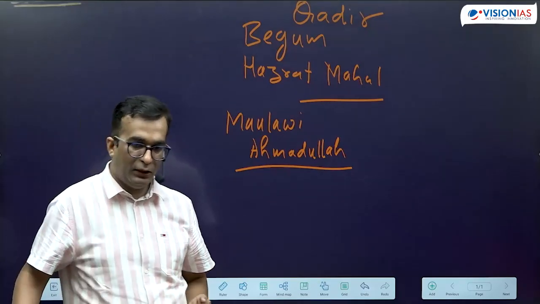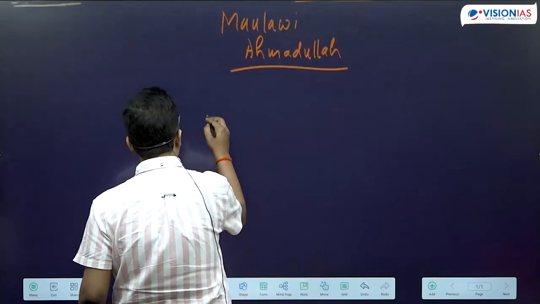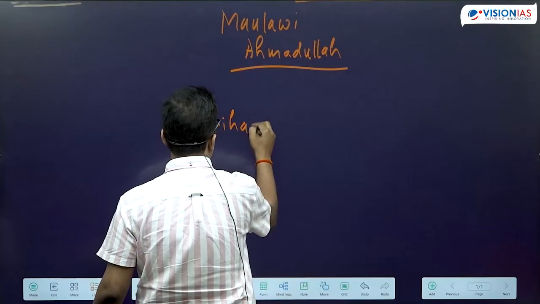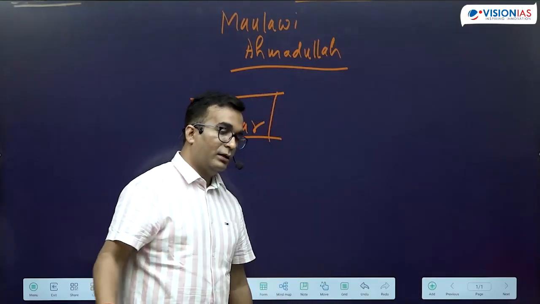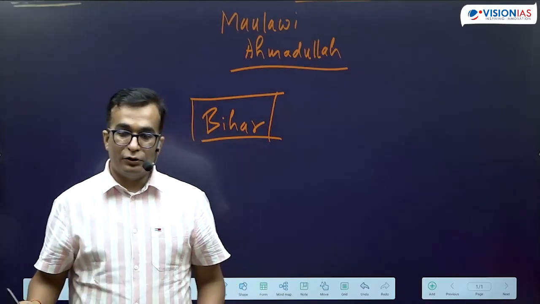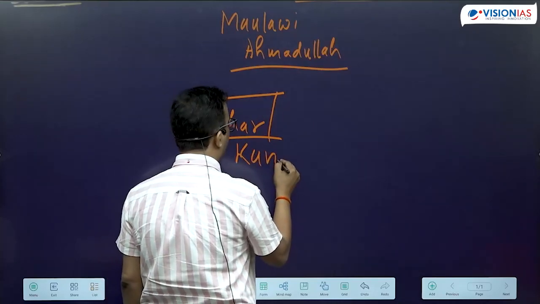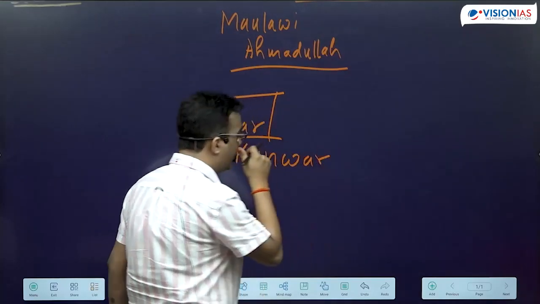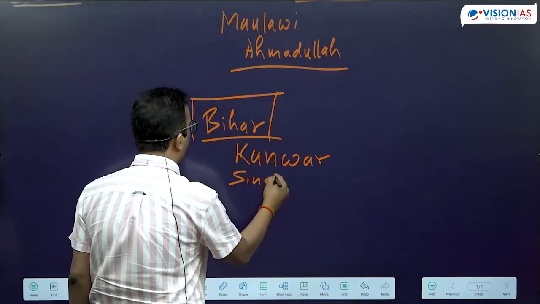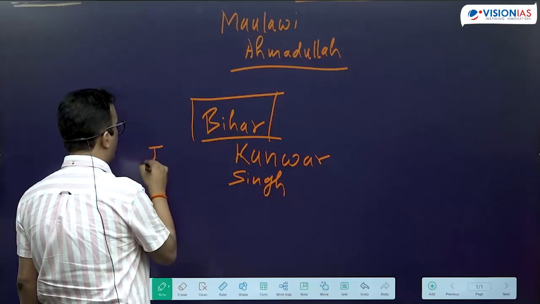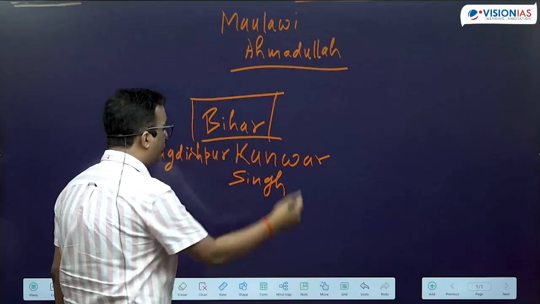Then after Faizabad, you write Bihar. In Bihar, you write: Revolt was organized by the landlord of Jagdishpur, Kunwar Singh.